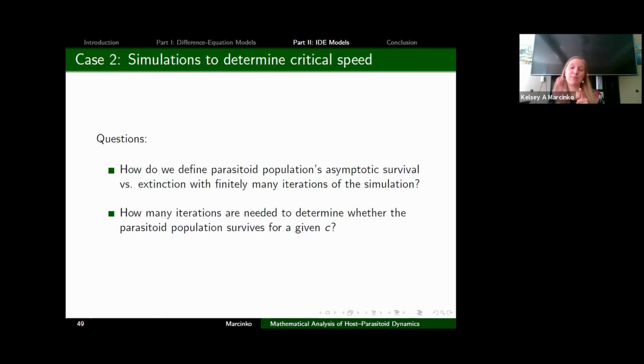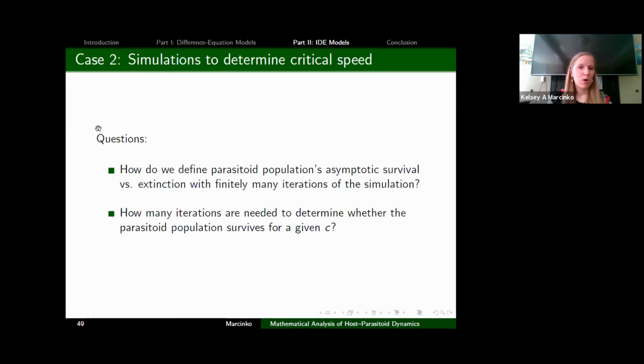If you increase speed a little bit more beyond that, you might see tiny values initially, but asymptotically it dies out. So the question essentially is, how many iterations are we willing to do to determine if the parasitoid survives or not? And how do you actually determine between asymptotic survival at tiny, tiny values versus actual extinction? But we need to do that with finitely many iterations.